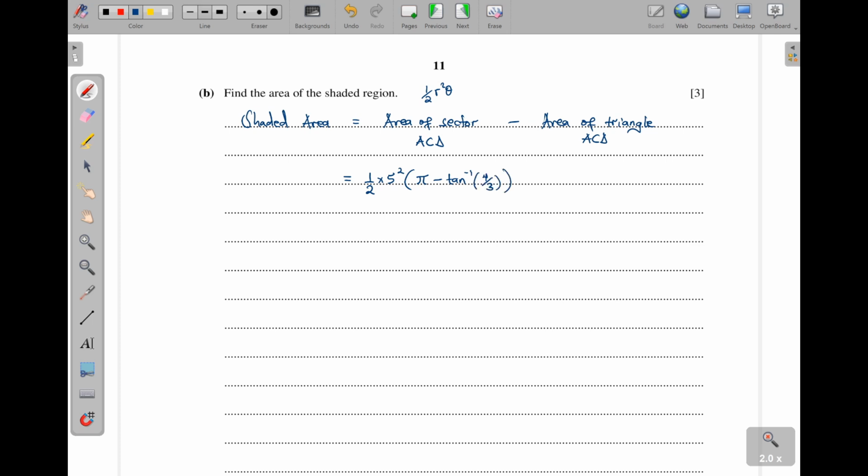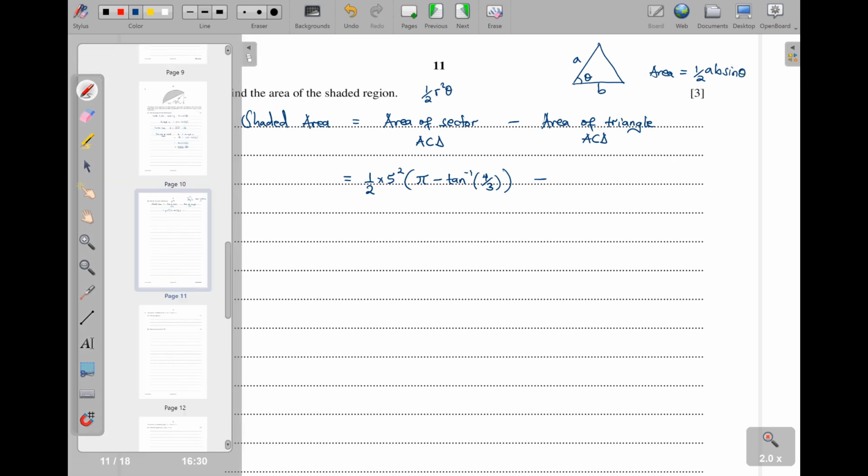Then we subtract area of a triangle which is not right angled. You know this length here, you know this one here, and the angle in between. Area is just going to be a half, then a times b, then sine of that theta.